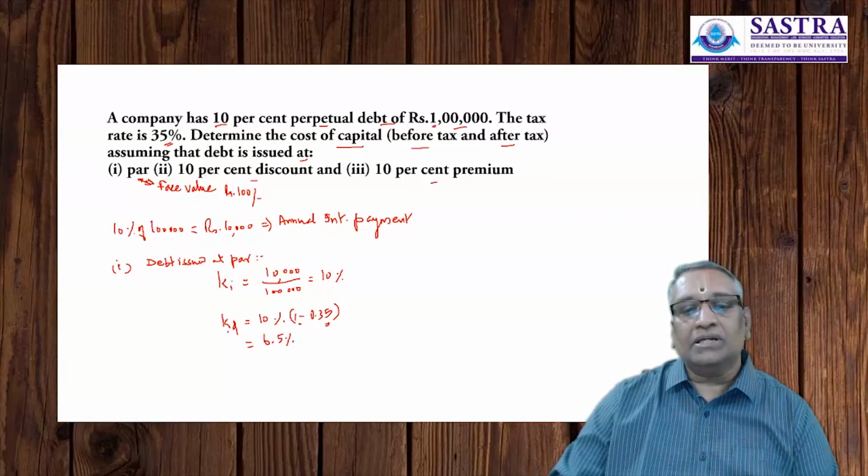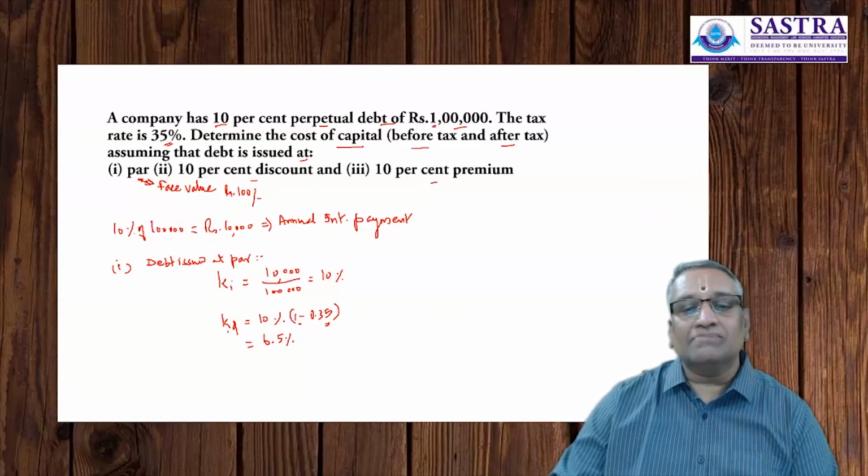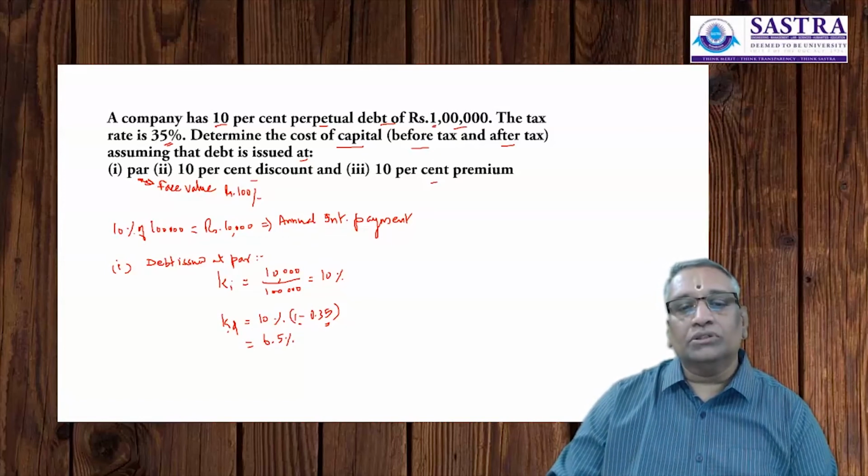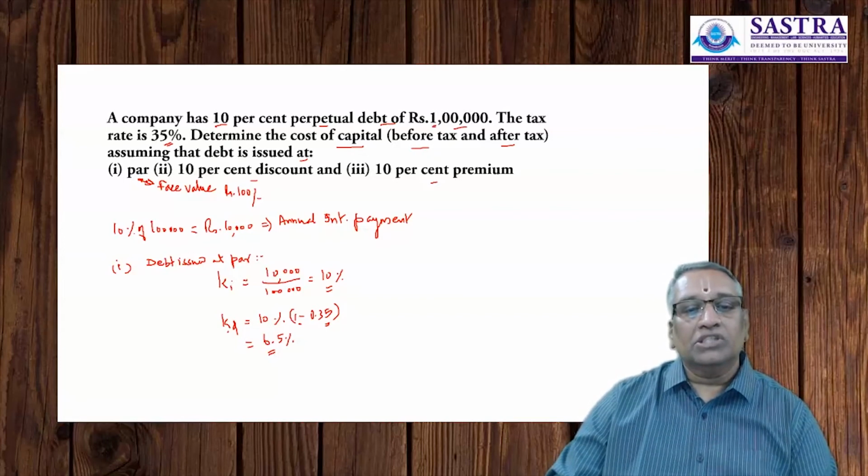Because this 35% is tax deductible, interest can be debited and claimed as a business expense and charged in the profit and loss account, by doing which your tax burden will get reduced. Because of which the effective cost of debt has declined from 10% to 6.5%. This is with regard to debt issued at par.